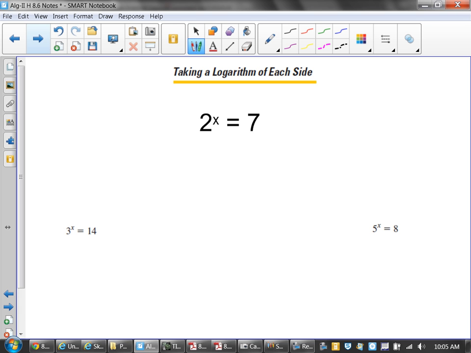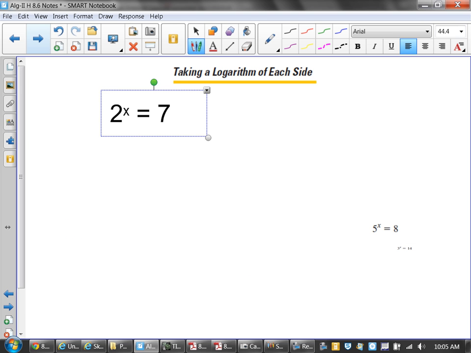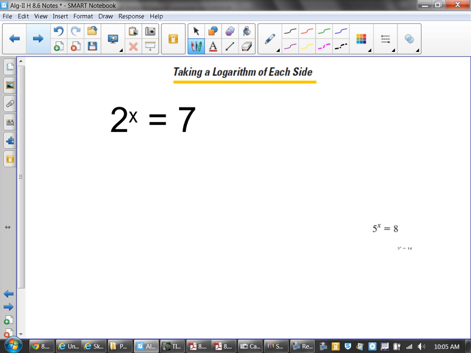This is about as weird as it gets, and this is the one step that we did not get to yesterday, and I felt there was really no need to discuss it yesterday because we're only going to use it for this section. How am I going to get that x out of the thin air? I have to take the log of what? 2.